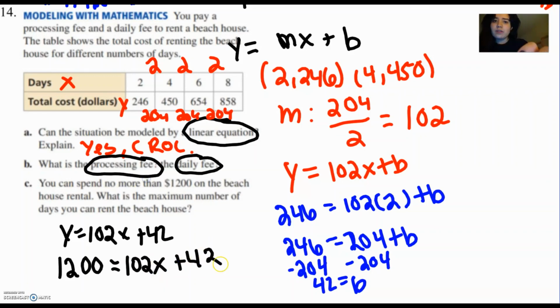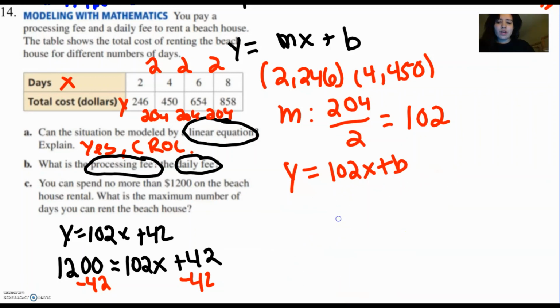So all we have to do is solve. We're going to subtract 42. And I'm going to make some room. When we subtract 42 from 1,200, we are going to get 1,158 equals 102x.